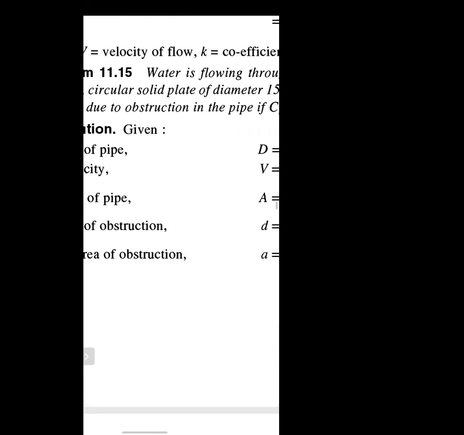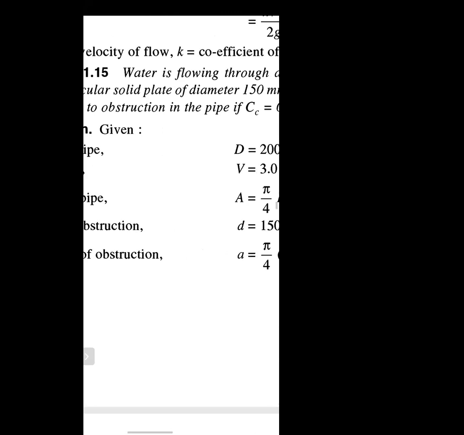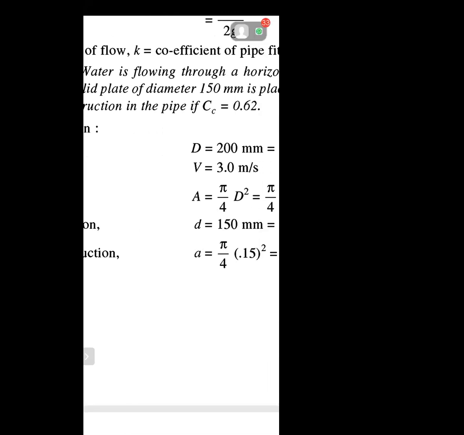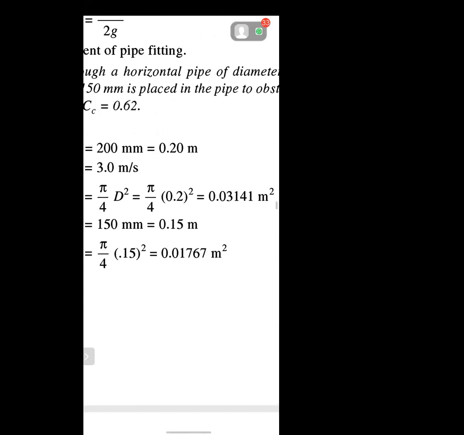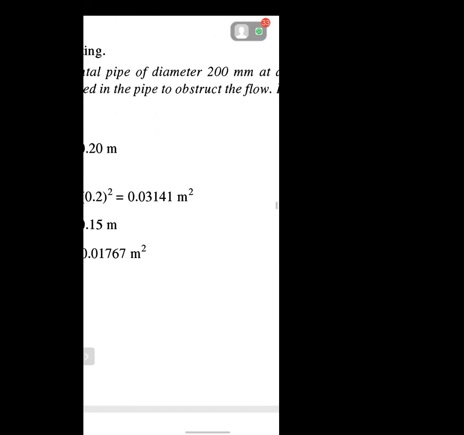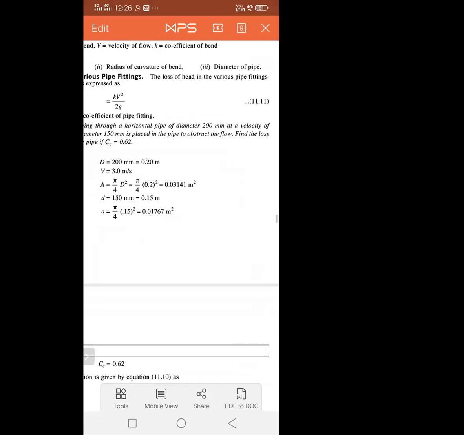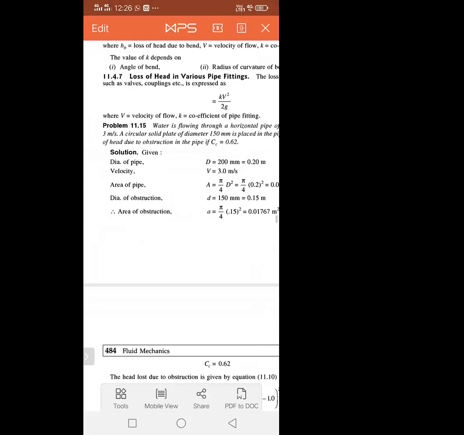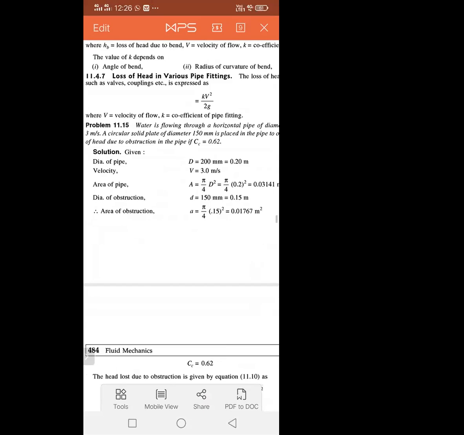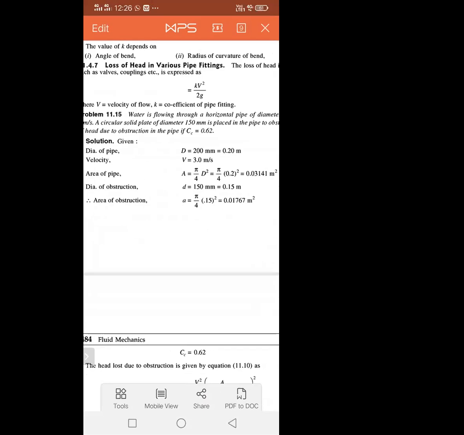A circular solid plate of diameter 150 mm is placed in the pipe to obstruct the flow. To obstruct the flow means that we have to take loss of head due to an obstruction. Then find the loss of head due to obstruction in the pipe if Cc is equal to 0.62.